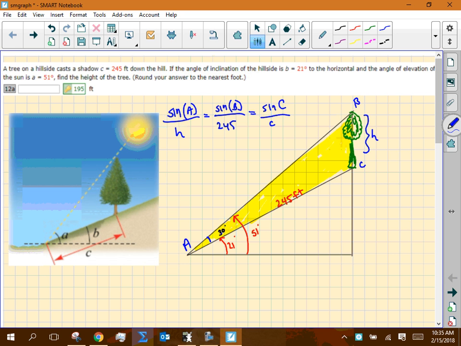If I start looking at those, I can't choose any two of those ratios, because any two I choose, I'm going to have more than one unknown.